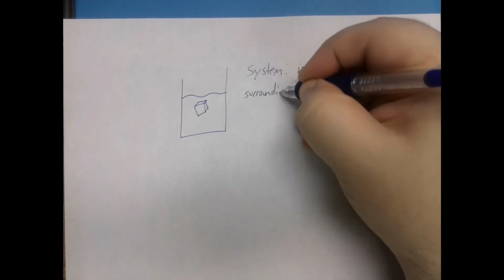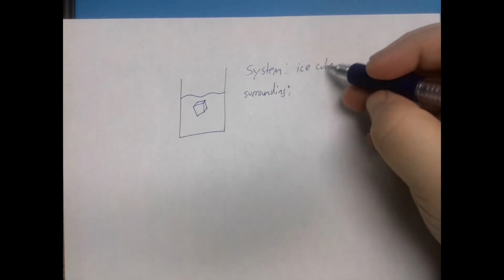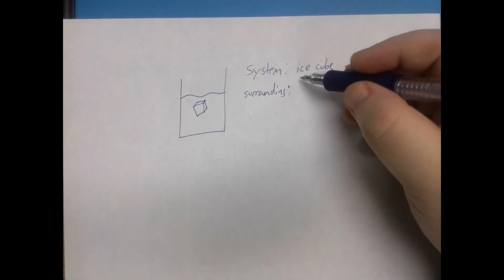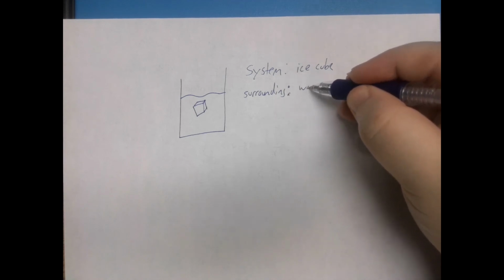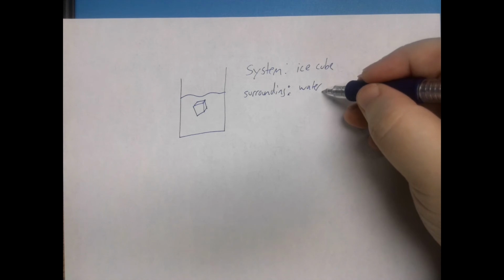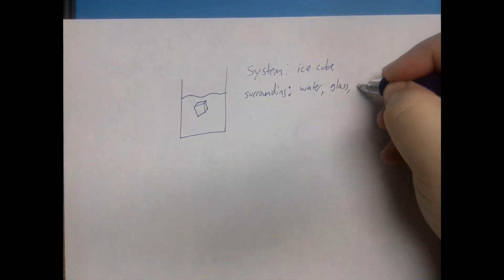Our surroundings, we're only focused on the ice cube right now, so because it's changing, we would let our surroundings be the water and the glass, the air.